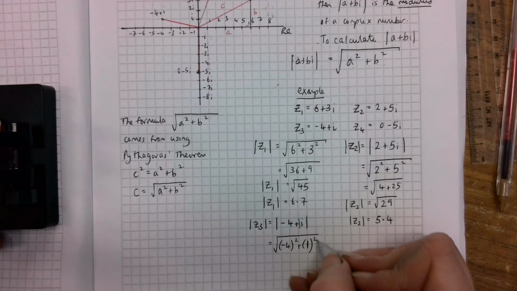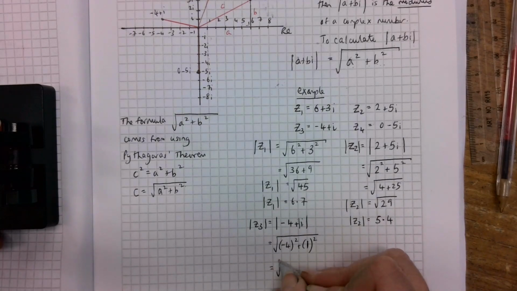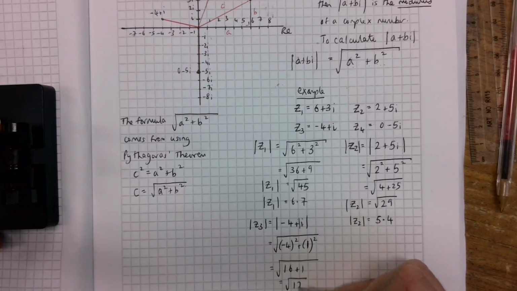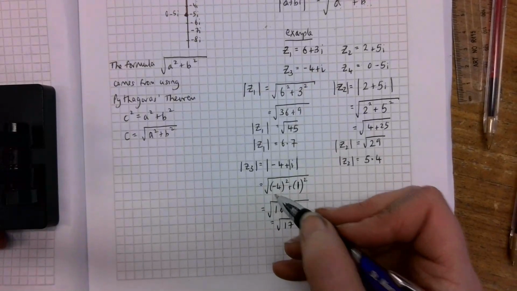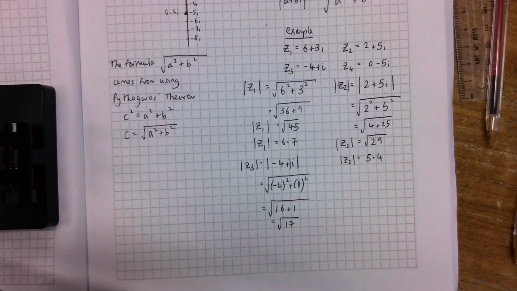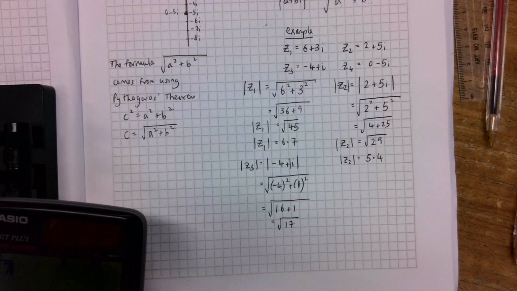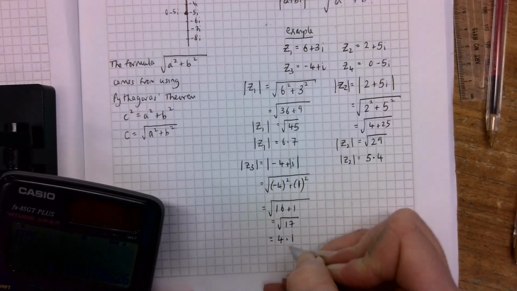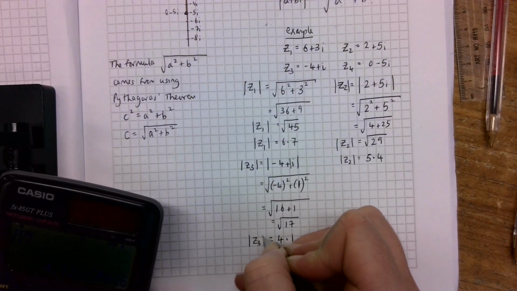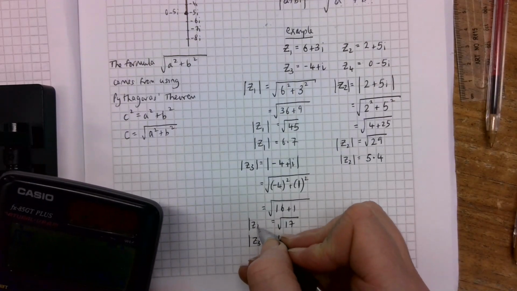So it's minus 4 squared plus 1 squared, so the square root of 16 plus 1, which is root 17, because minus 4 squared is minus 4 times minus 4, which is plus 16. The square root of 17 is 4.1. So the modulus of z3 is root 17, which is 4.1.